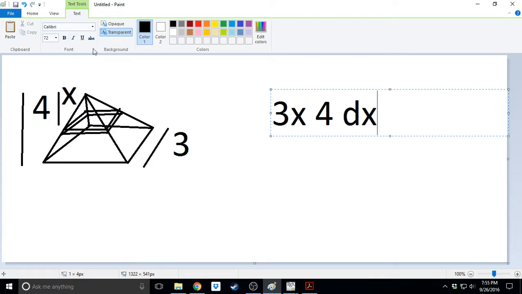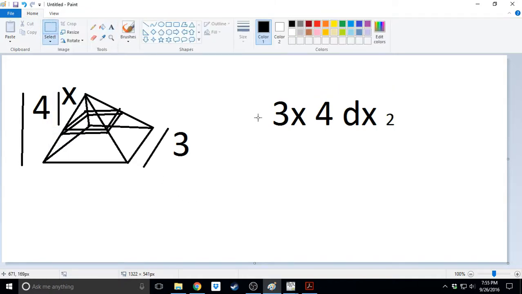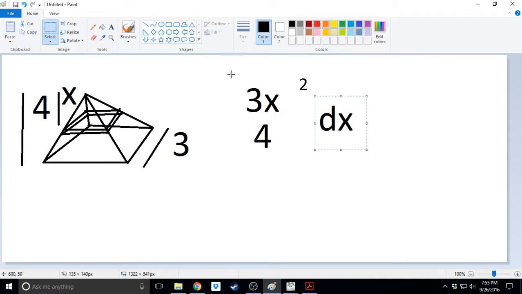I need a 2, but I need it smaller. There we go. So let's assemble this. 3x over 4, squared, and I need a parenthesis there.